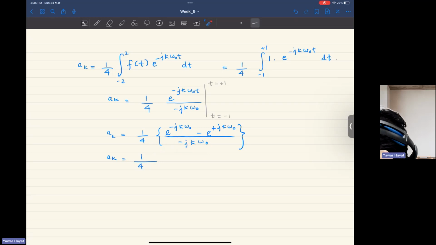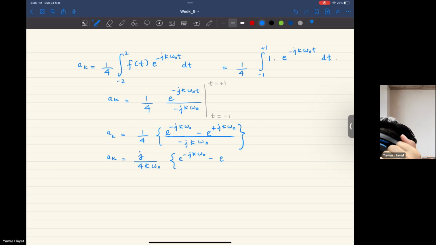Minus j can be written as 1 over j, right? So I will do both simultaneously. 1 over j will make j go to the numerator. This k omega naught would be here, right? And then I have e to the power minus jk omega naught minus e to the power jk omega naught.